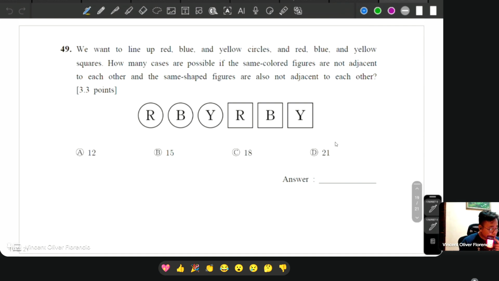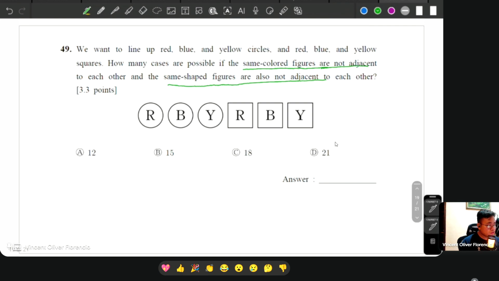The analysis here, everyone, is that same colored figures are not adjacent and same shape figures are not adjacent. That means circles cannot be next to each other, squares cannot be next to each other, the reds cannot be next to each other, and the blues and the yellows cannot be next to each other.